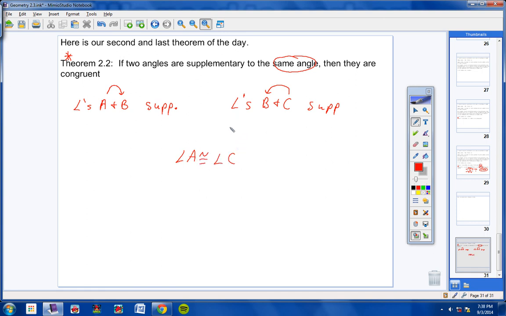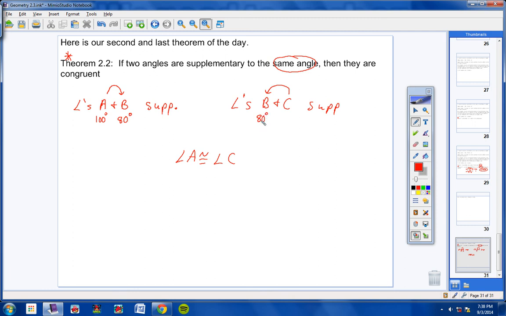Now quickly let me prove this to you. Let's just throw a number up here for angle A. Let's just say 100 degrees. All right, so angle A is 100 degrees. Now if angle A is 100 degrees, then we should all agree that angle B has to be 80 because these two angles are supplementary, and if they're supplementary, when you add them together you get 180. So if angle B is 80 degrees, then I put B is 80 degrees.